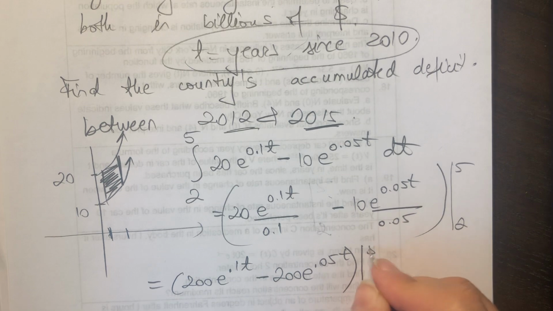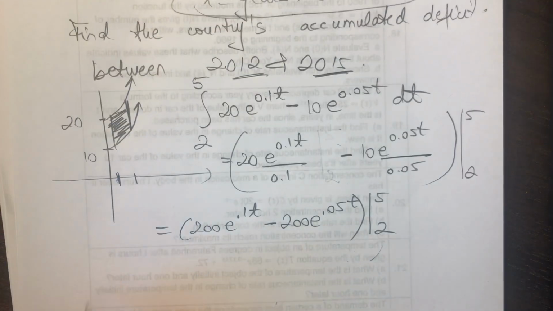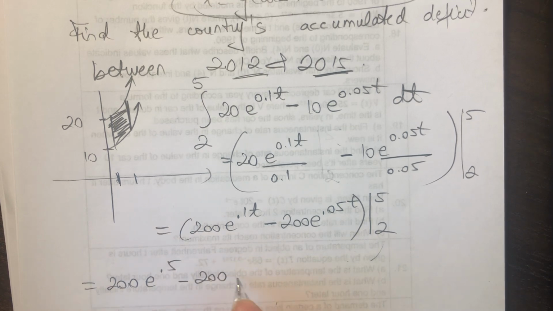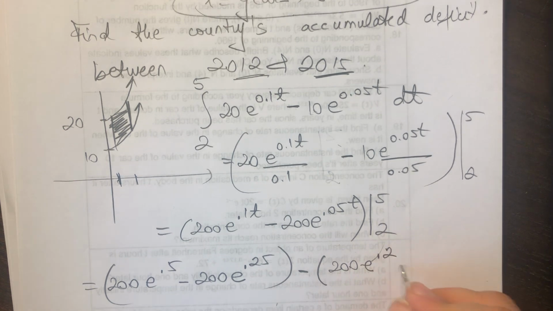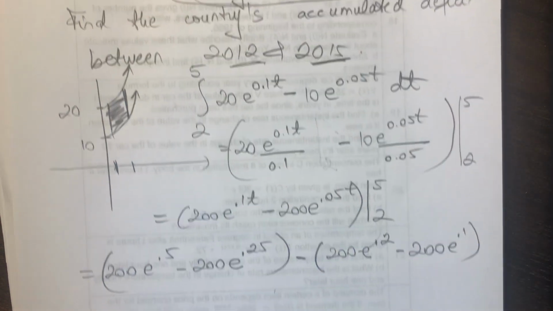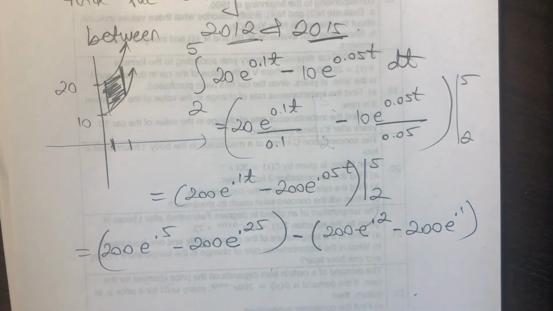Plug in a 5 and plug in a 2. So that's 200 e to the 0.5 minus 200 e to the 0.25, minus, plug in a 2, so that's 200 e to the 0.2 minus 200 e to the 0.1. Put that in your calculator. By the way, you could have factored out the 200.